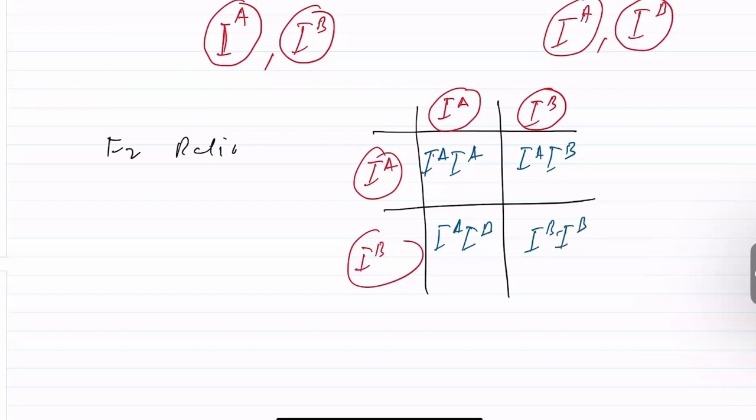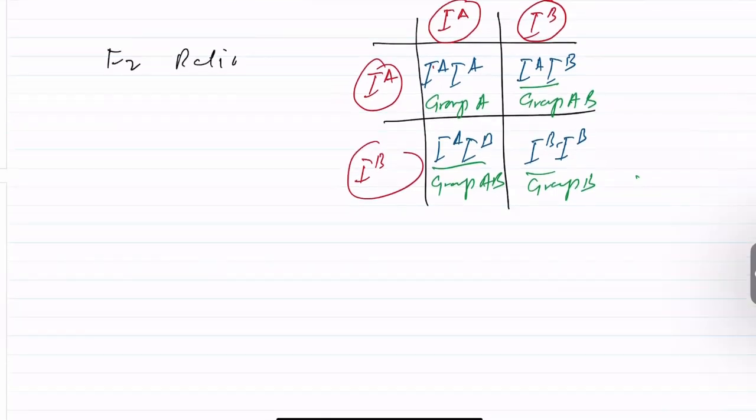So this would be group A. This is also codominant, and this is group AB like the parent. This is also like the parents, group AB, and this is group B. So the F2 produced has the same genotype and phenotype ratio.